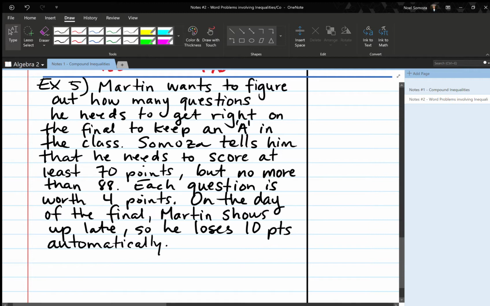You're going to write an inequality that models the situation, and then solve it to tell Martin how many questions he needs to get right.